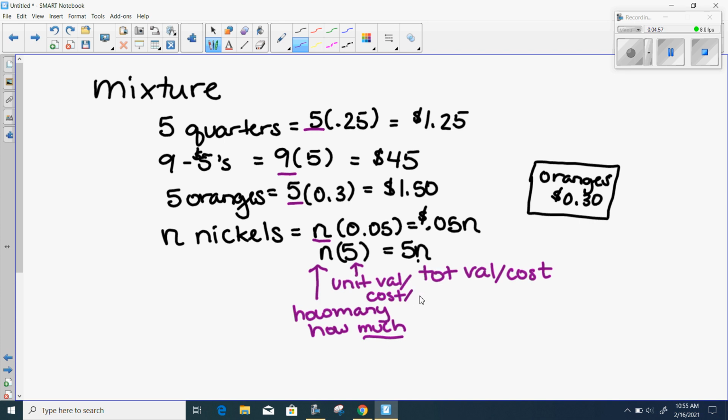Also, if you're dealing with a chemistry problem, instead of a unit cost or value, you're going to have your concentration, so 20% saline solution, 50% saline solution, and don't forget to write them as decimals, just like we write our decimal values here when it applies. So if we take how many or how much, and multiply it by the unit cost, value, or concentration, that product gives us the total value or total cost. And that's for all of the mixture problems.